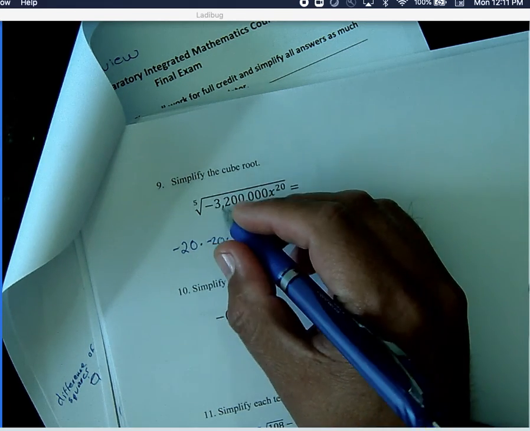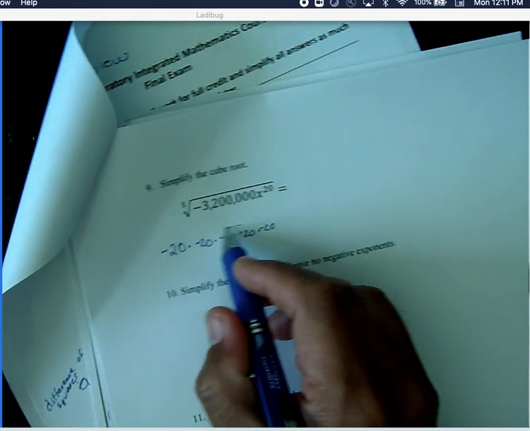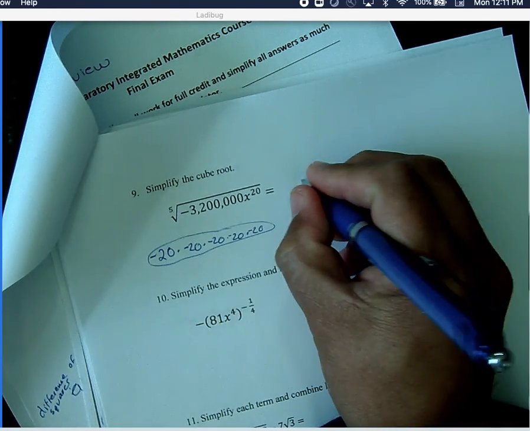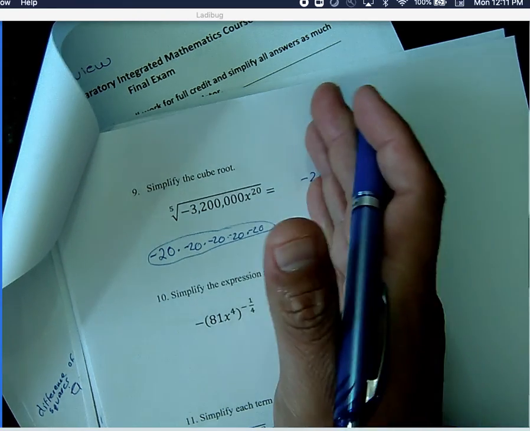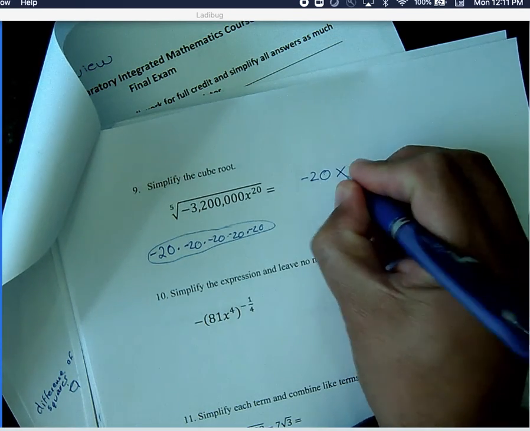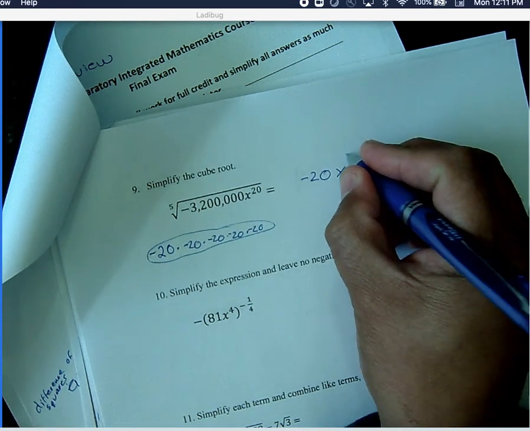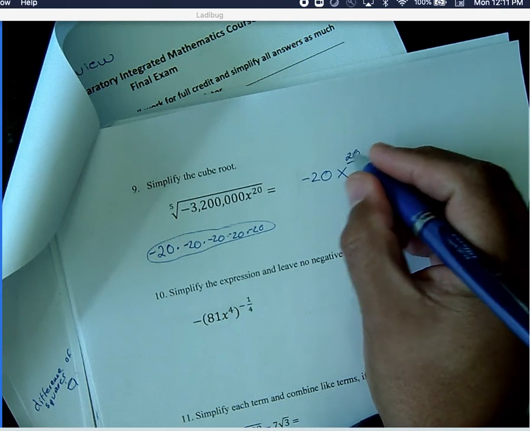So the fifth root of this number would give you, so this is 5 times, so negative 20. Negative 20 for this. So that breaks out of the radical. Now this part, the x: remember this exponent can be divided by the root, by 5.